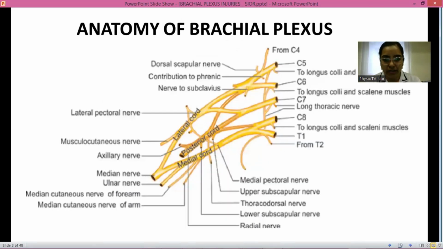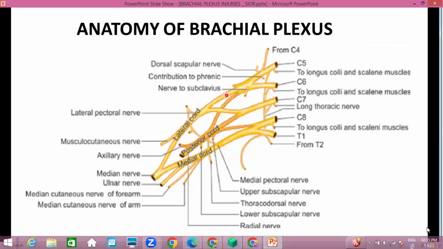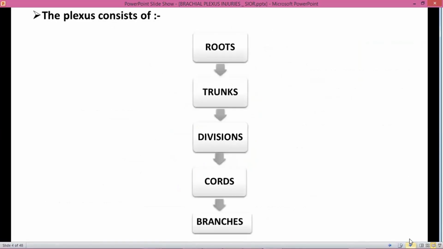Talking about the anatomy of the brachial plexus, which we have studied before, the roots are C5, C6, C7, C8, and T1. The nerves originate from the roots and then divide into trunks, divisions, cords, and branches.